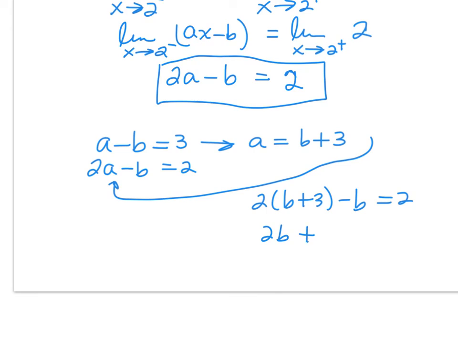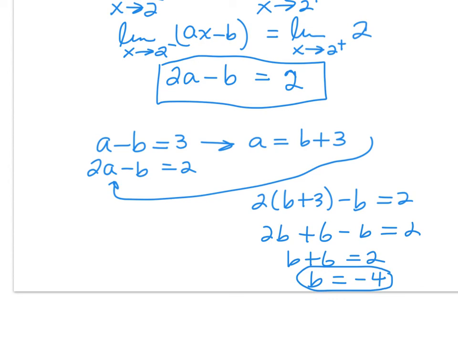That's 2b plus 6 minus b equals 2. 2b minus b is b, so we have b plus 6 equals 2. Subtract 6 from both sides, and you see that b is equal to negative 4.